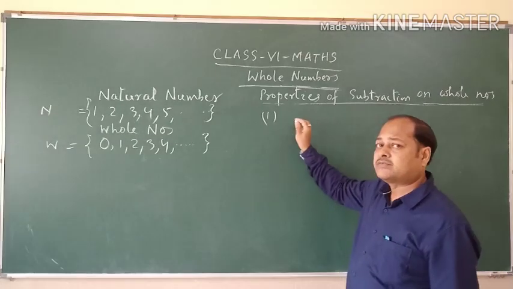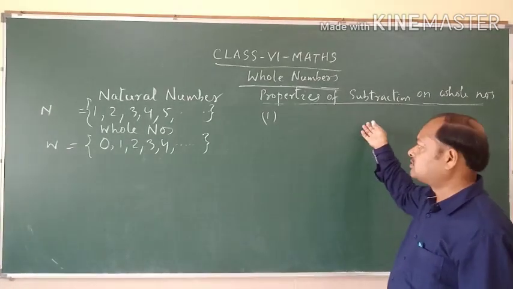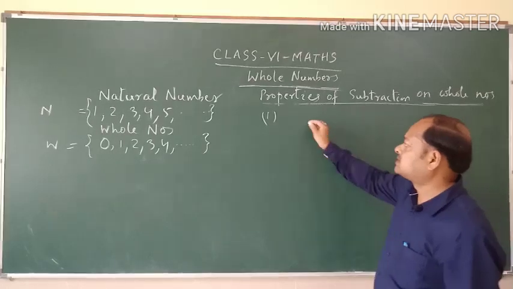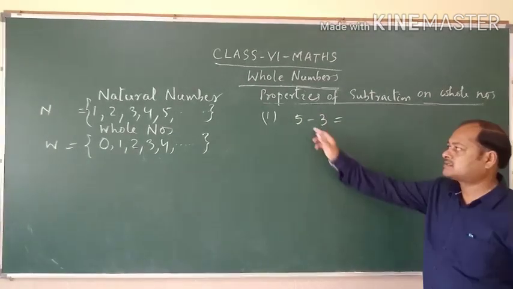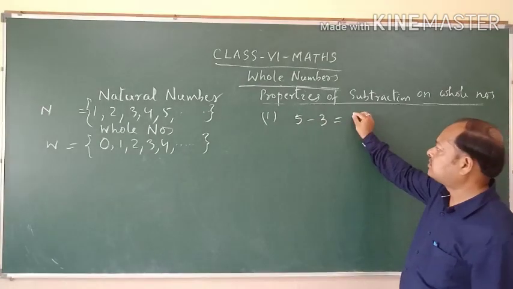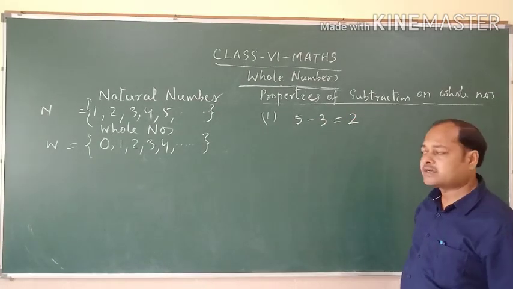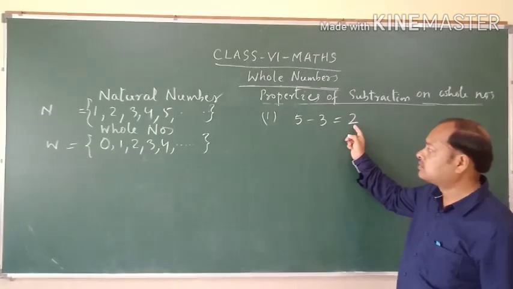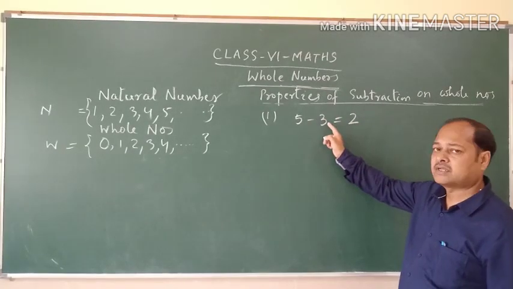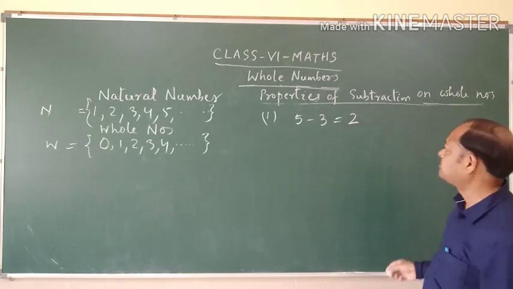We know that addition of two whole numbers gives a whole number, but in case of subtraction we will see 5 minus 3. Here subtraction of two whole numbers gives the result 2. So 5 minus 3 equal to 2, and 2 is also a whole number. We see that subtraction of two whole numbers equals a whole number. Let's see another example.